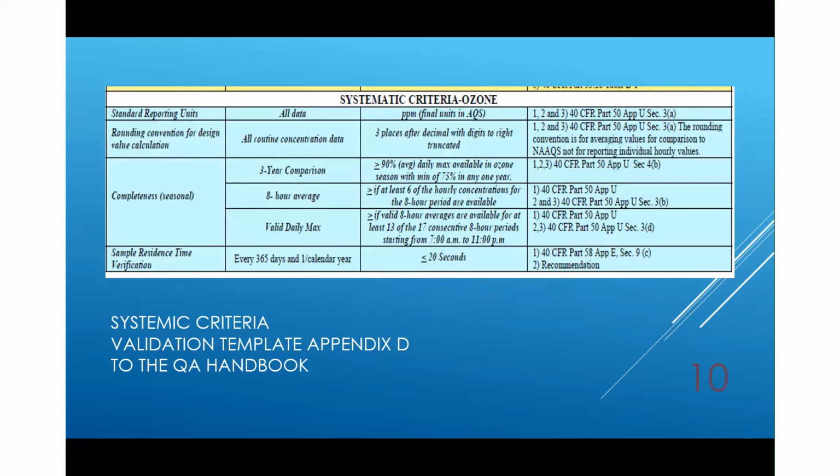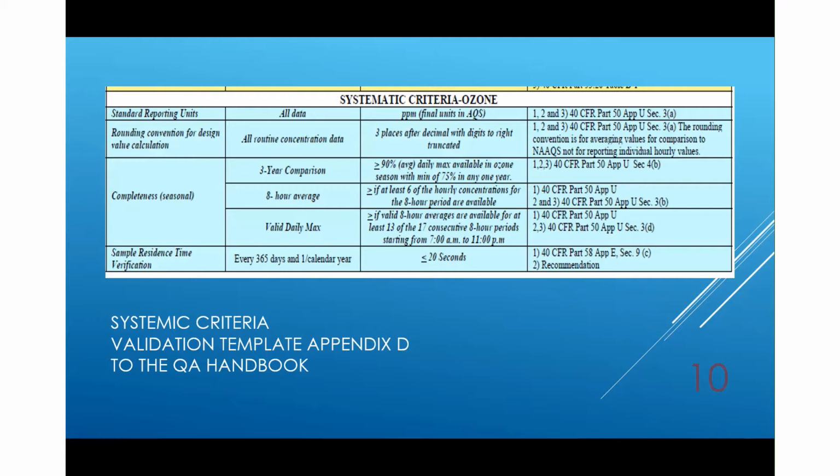Systemic criteria. Systemic criteria do not usually affect the quality of the data and are seldom used for invalidation. Systemic criteria are for uniformity, reporting requirements, averaging, completeness, siting, etc. Non-conformance with systemic criteria may lead to data having qualifier codes attached describing an issue such as siting.